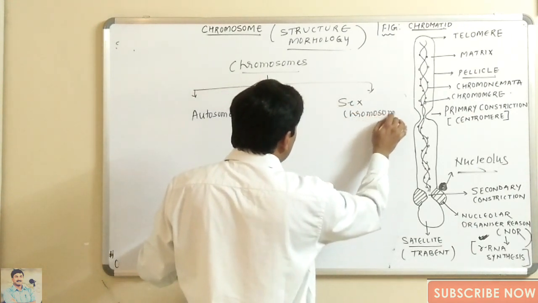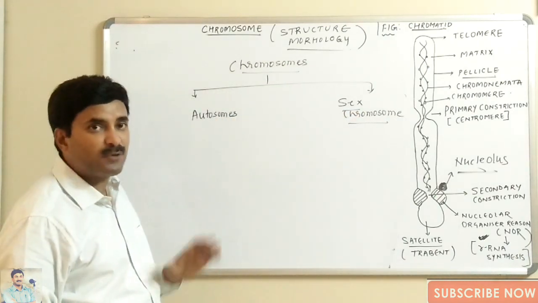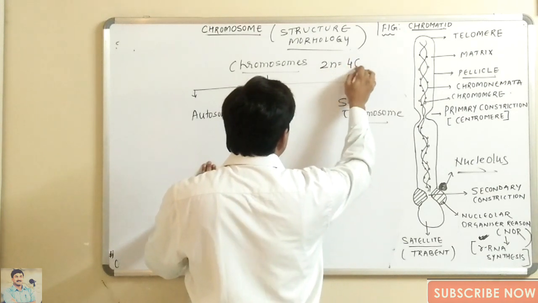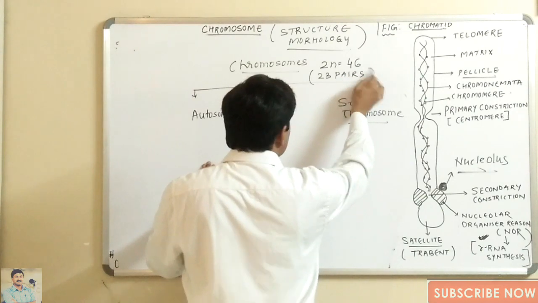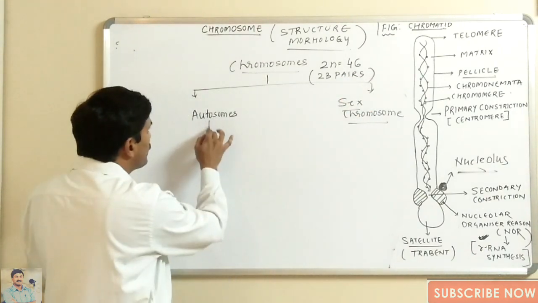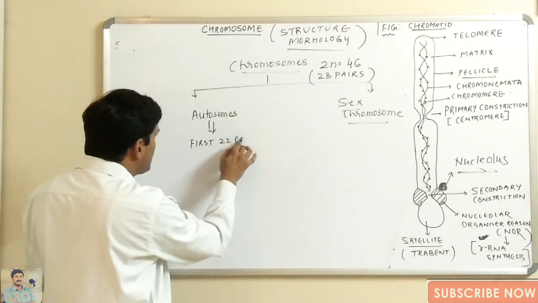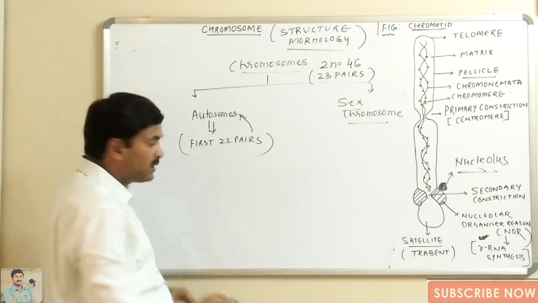To explain what autosomes are and what sex chromosomes are, I would like to take the example of human beings. As we know very well, human beings have 2n equal to 46 chromosomes, meaning we have 23 pairs of chromosomes. Out of the 23 pairs, the first 22 pairs are autosomes.